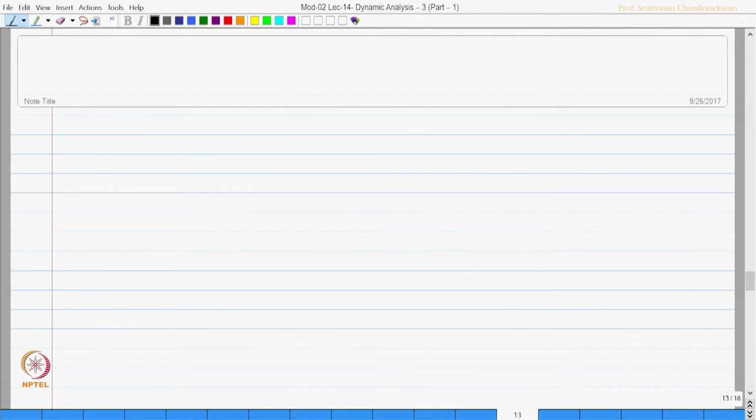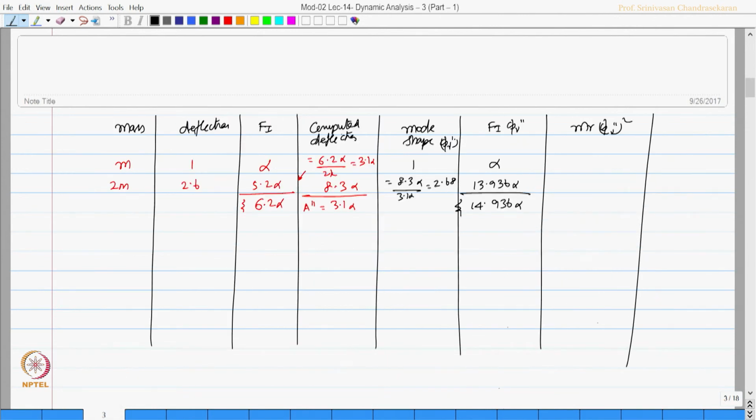So, this is mr into phi r square, which is going to be 1, and this is going to be 2m multiplied by 2.68 square, which is equal to 14.365. I make the sum, which is 15.365.